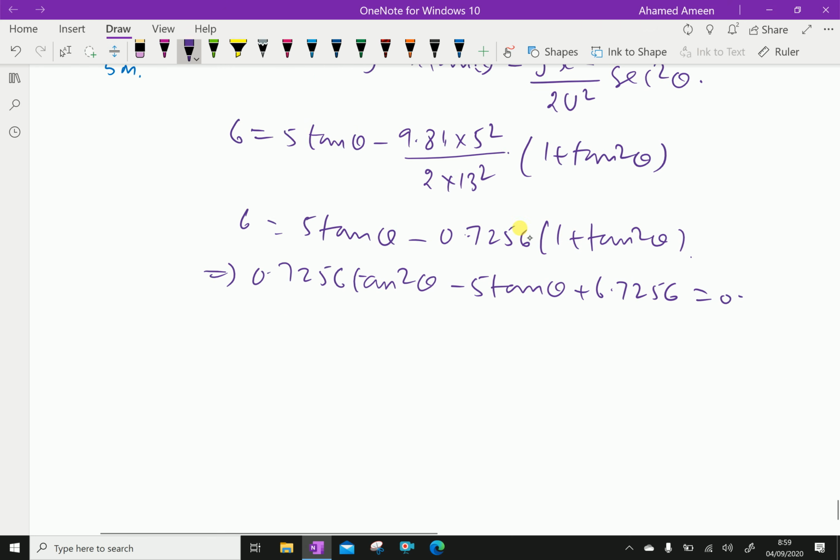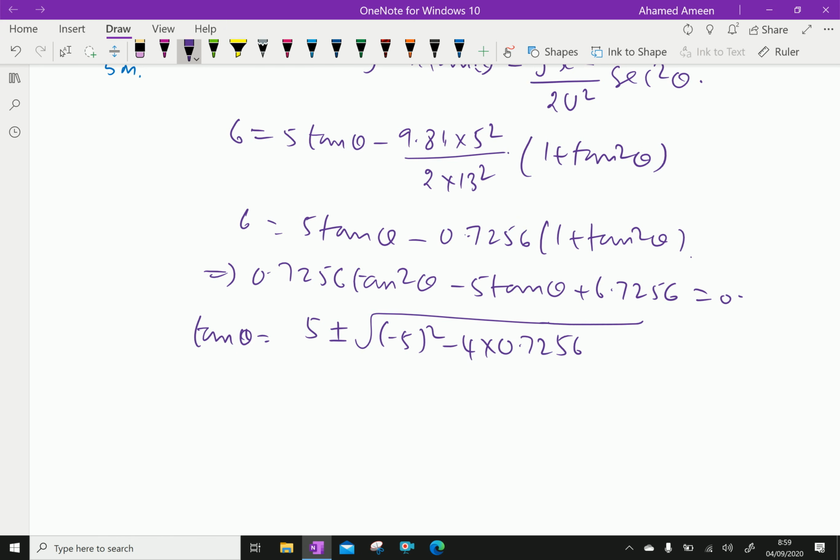Now by solving for tan theta using the quadratic formula, we have tan theta equals 5 plus or minus root of minus 5 squared minus 4a c, where a is 0.7256 and c is 6.7256, over 2a, 2 into 0.7256.